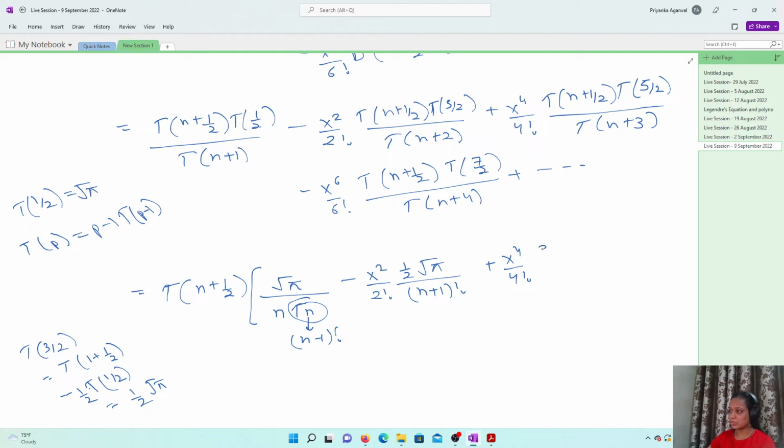So this will become 3 by 2 into 1 by 2 root pi over n plus 2 factorial, plus, so this is minus x to the power 6 over 6 factorial, 5 by 2 into 3 by 2 into 1 by 2 root pi over n plus 3 factorial, and so on.